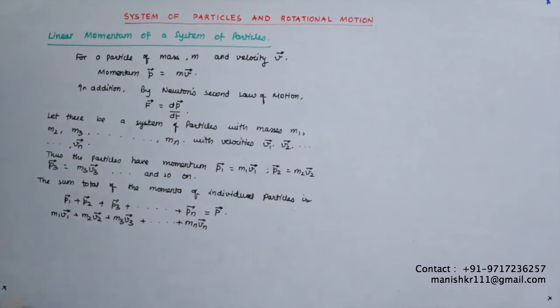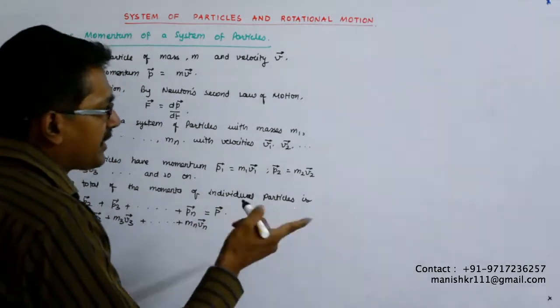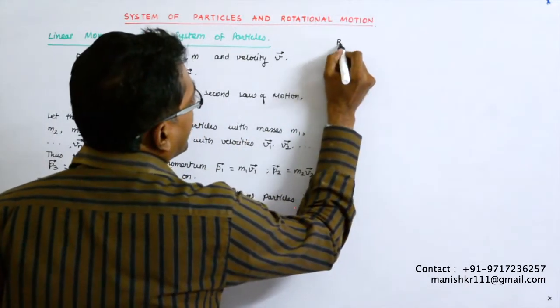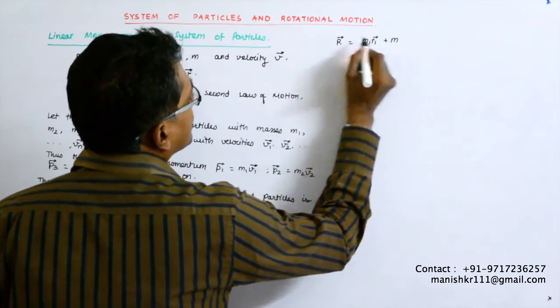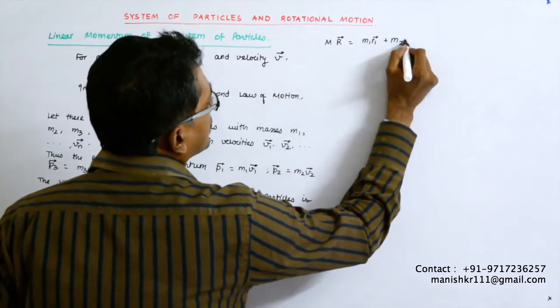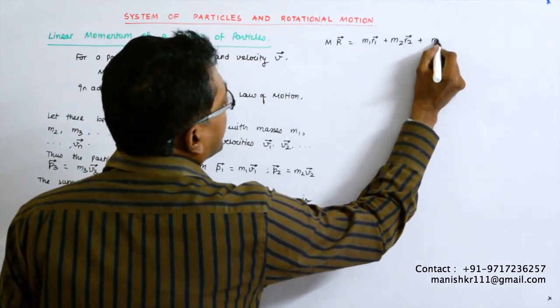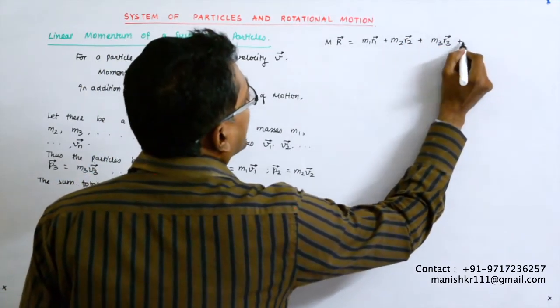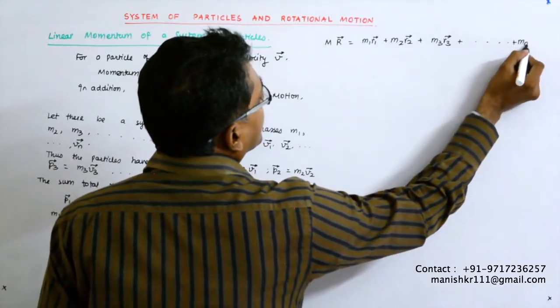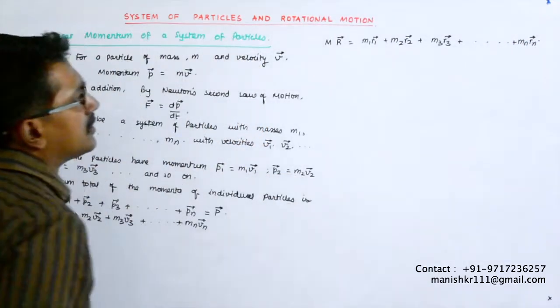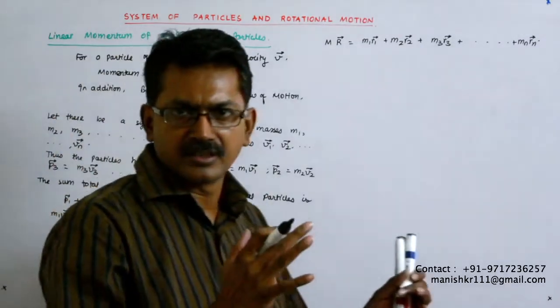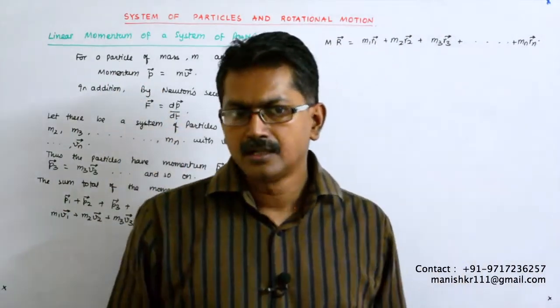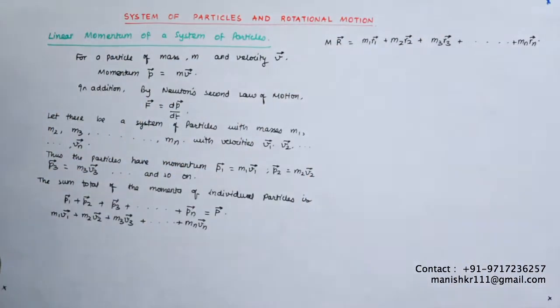Okay. Now in the last class we had seen that, first of all, M into R was M1 R1 plus M2 R2 and so on. When I had converted my center of mass equations into the position vector, all those different equations got clubbed into one, and we got this.